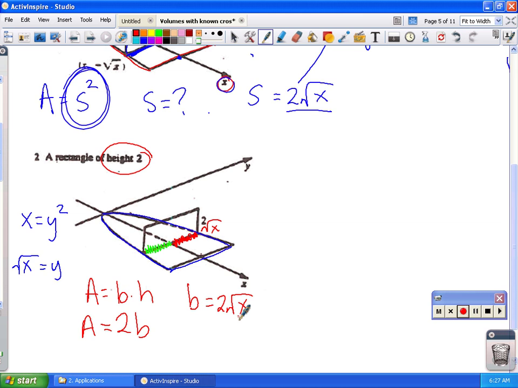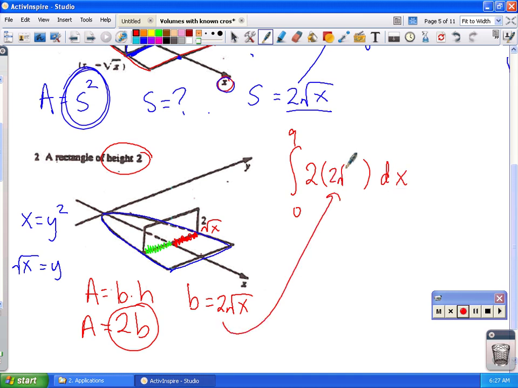All right, so we have our geometry work done. We know that we're going to accumulate area from 0 to 9. There's no pi. We're not revolving. So we're going to use this formula right here, which is 2 times the base dx. We know that the base is 2 square root x. Not squaring.